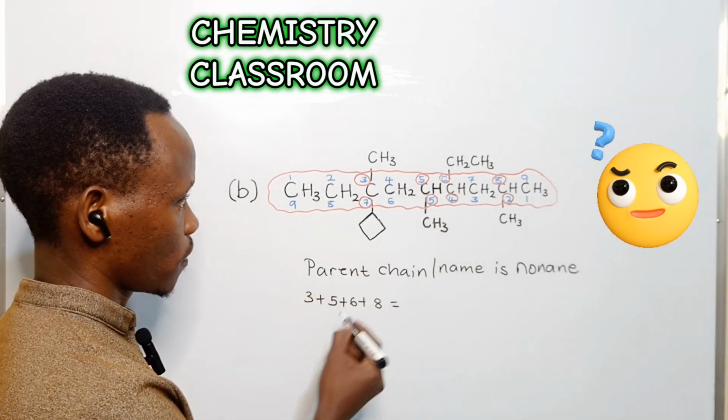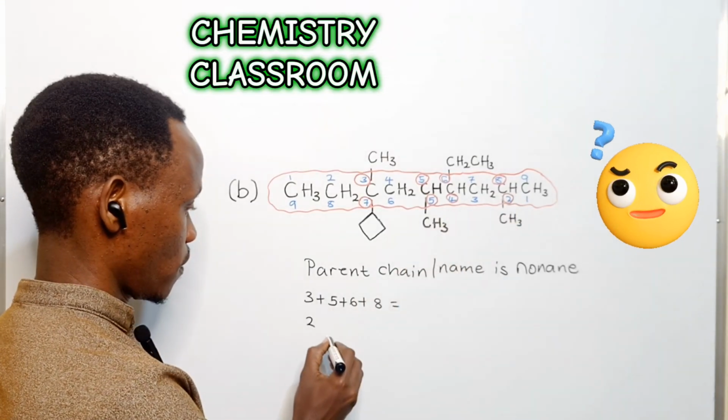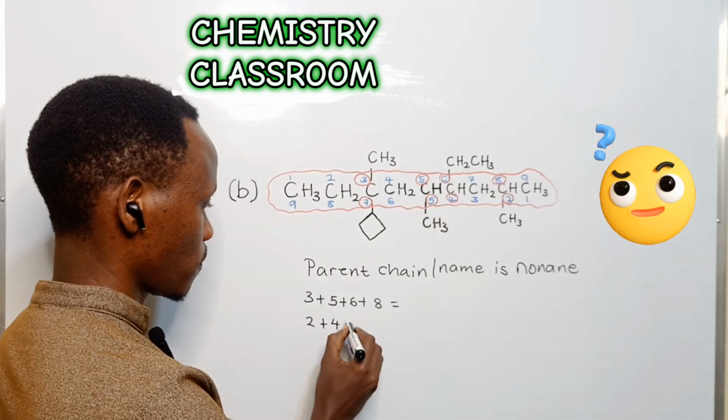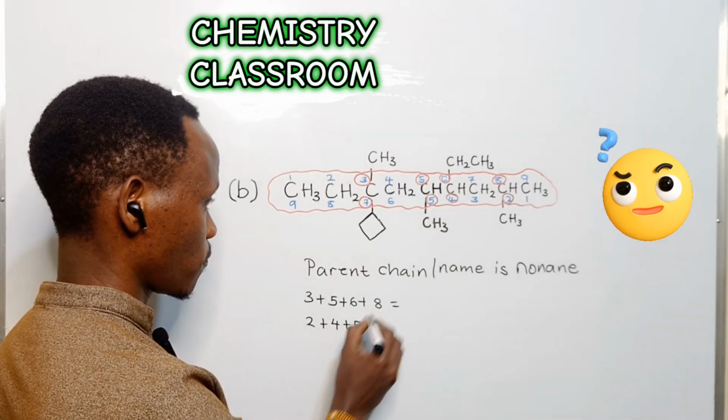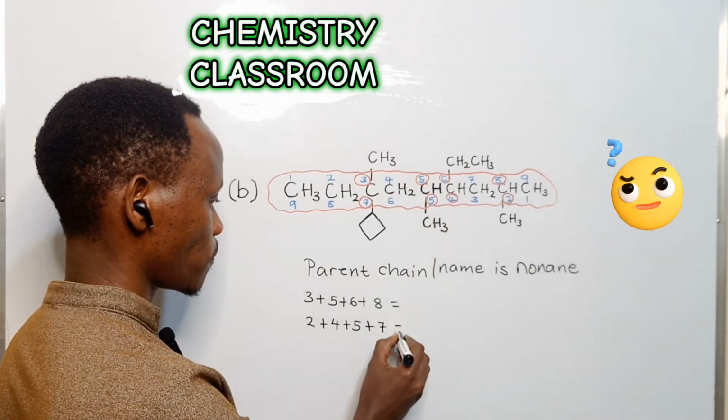And for the one coming from that side, that is 2 summed up with 4, summed up with 5, and finally summed up with 7.